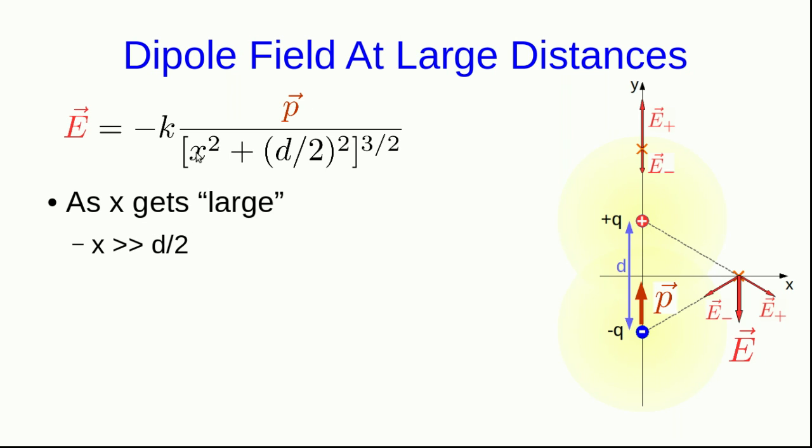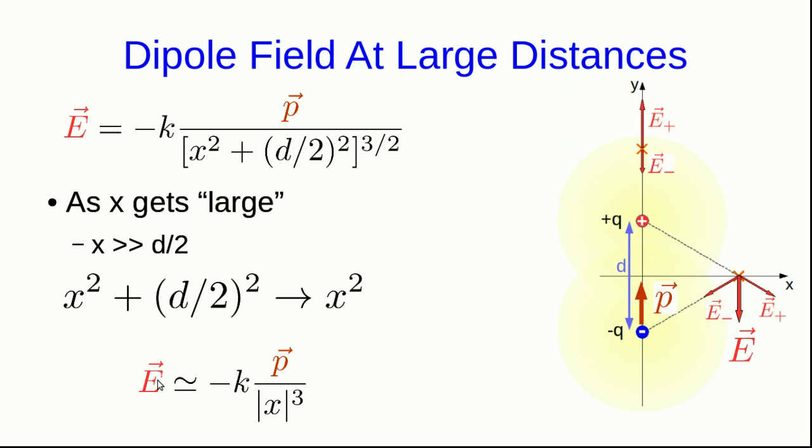Notice that when x is very large, this expression in the denominator is going to be approximately just x squared, because if x squared is much bigger than d over 2, you can basically ignore this part. And so that tells us that at large distances from the dipole, the E-field goes as 1 over x cubed.